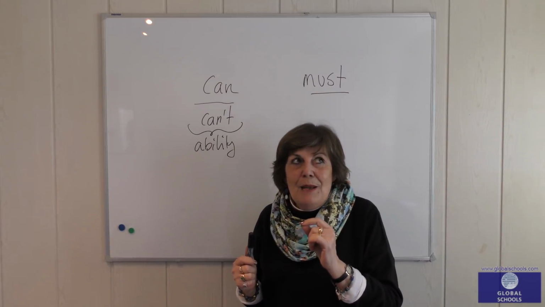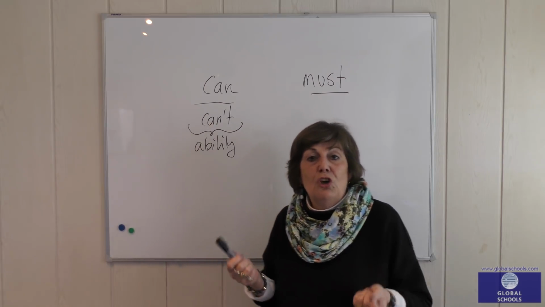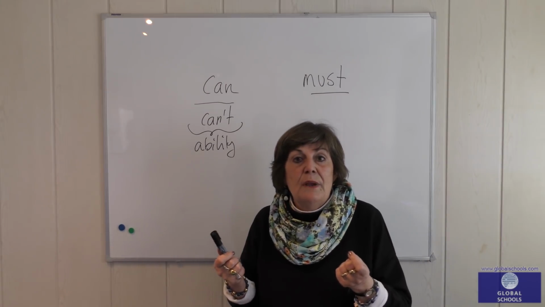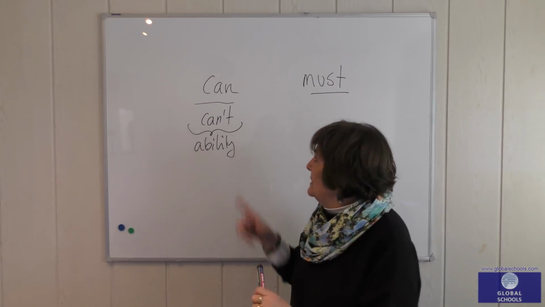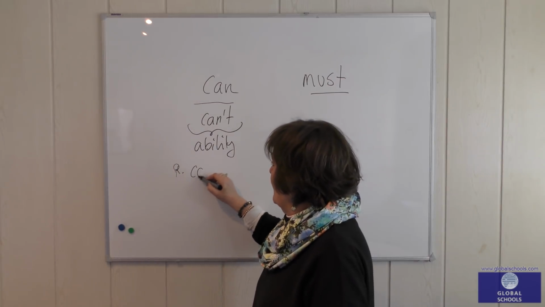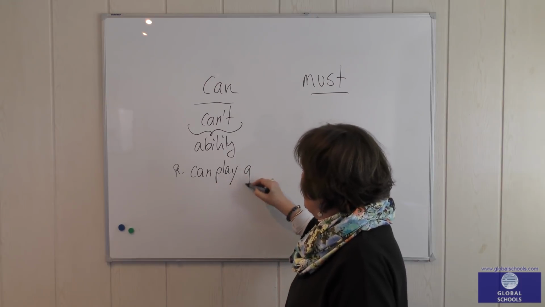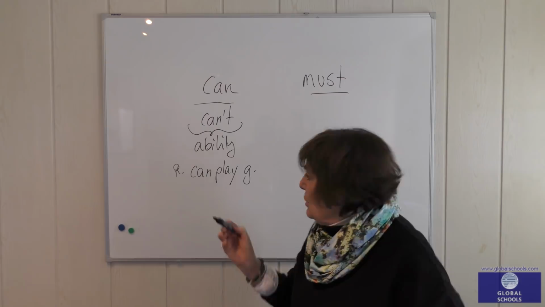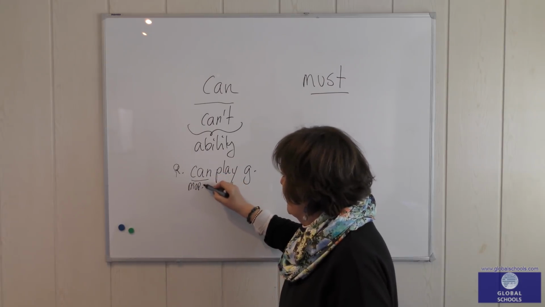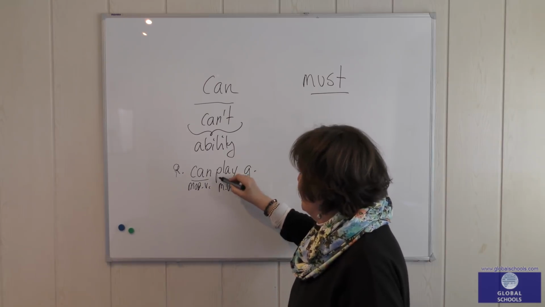And then many people think, can and must is a modal verb too, so I have to combine it with the major verb using to. No. You see, I can say, Rafa can play guitar. Okay? You see, can, our modal verb, and play, our major verb.